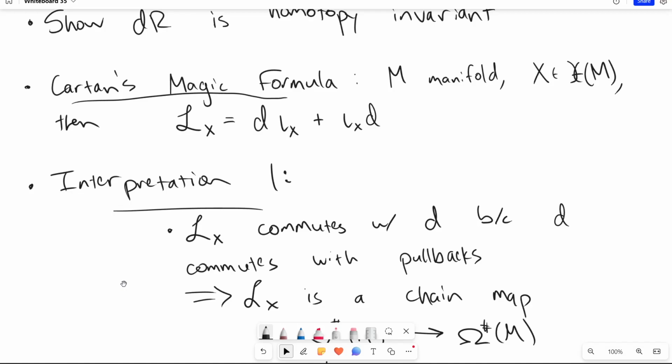Just the same way that we expect, if we expect homotopy invariance, we should get Cartan's magic formula by taking the derivative. If we're starting with Cartan's magic formula, we're going to get homotopy invariance by integrating.